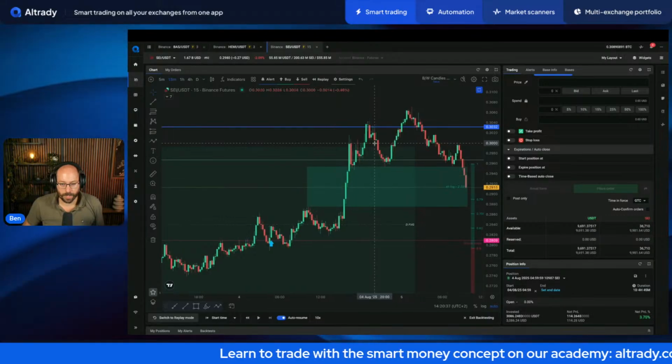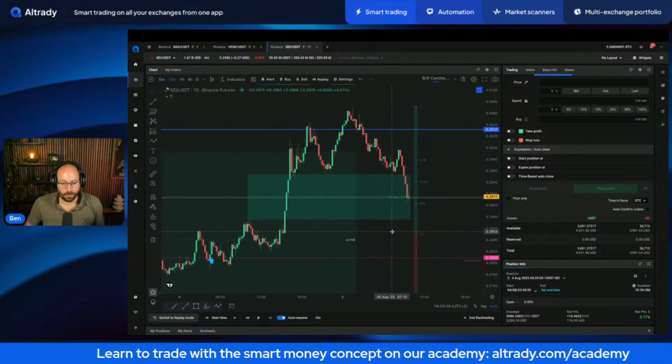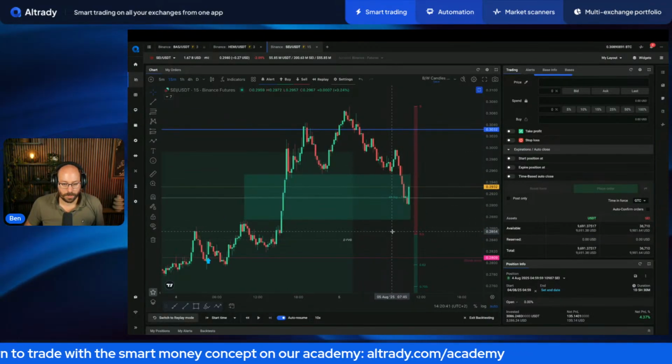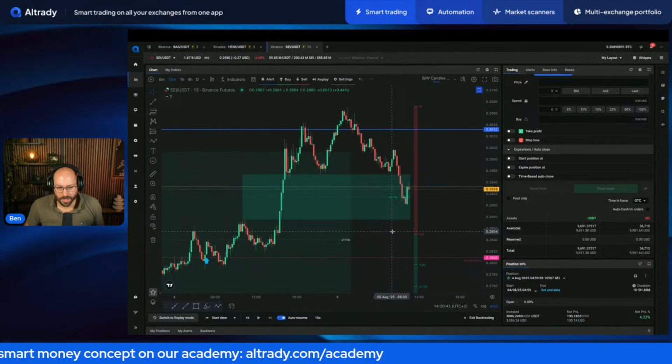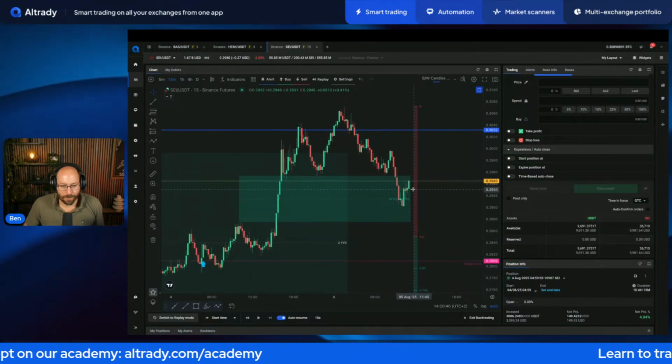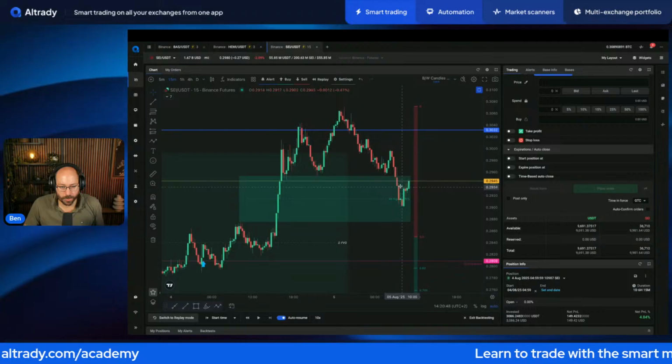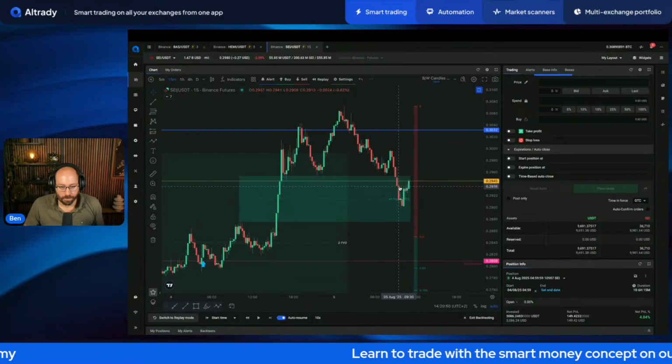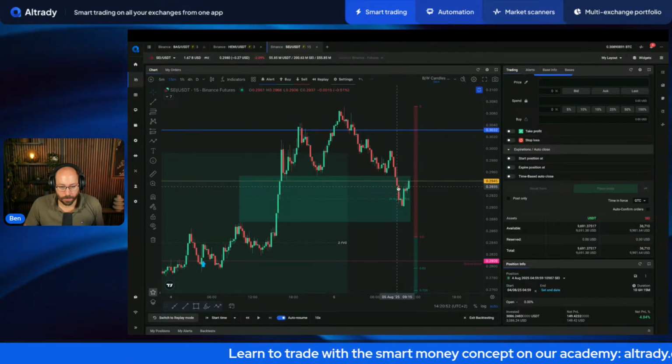Yep. So we get some movement. But yeah, so this would be an entry opportunity. Close above this fair value gap.